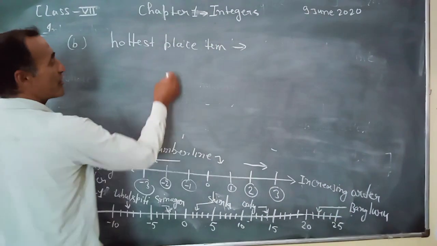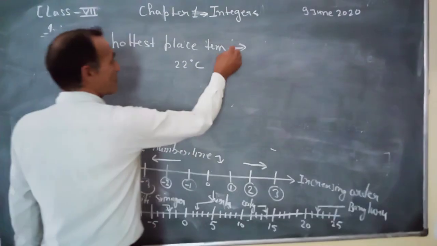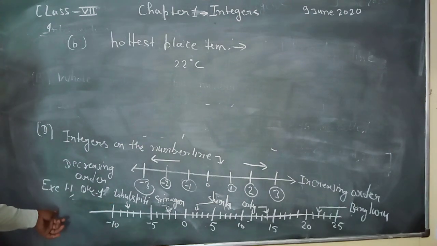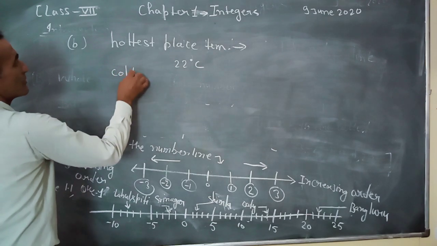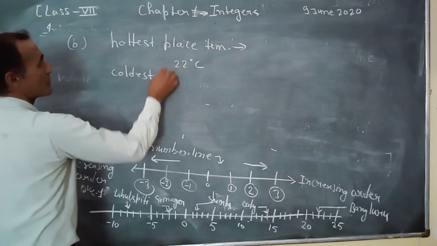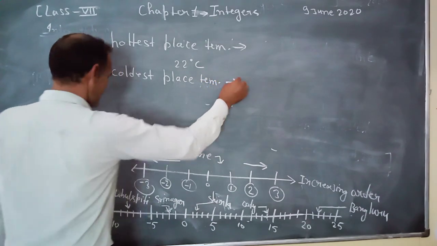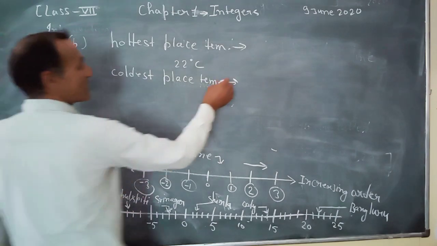So Bengaluru temperature is 22 degrees Celsius. And the coldest place on the left hand side is Lahaul Spiti. Coldest place temperature is -8 degrees Celsius.